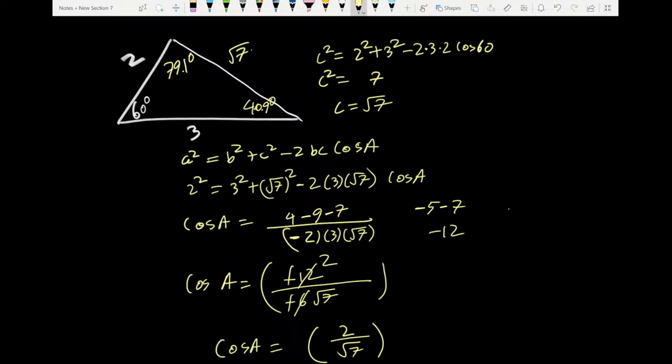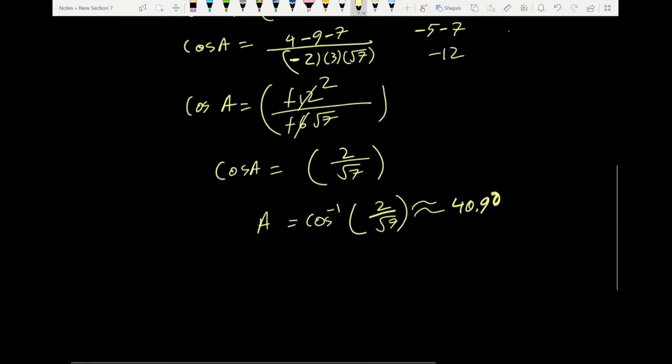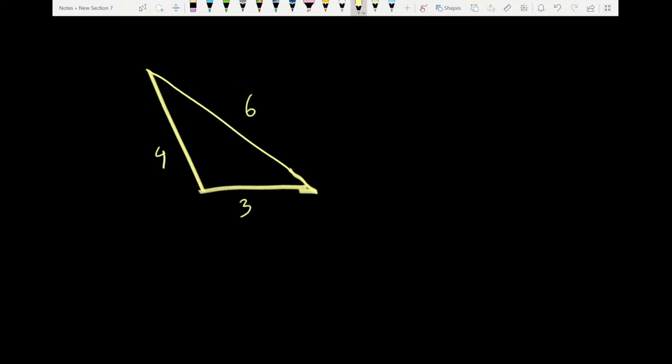Let's try another problem. So this time you don't get any angles. The sides are 3, 4, 6. Let's figure out all the missing angles.